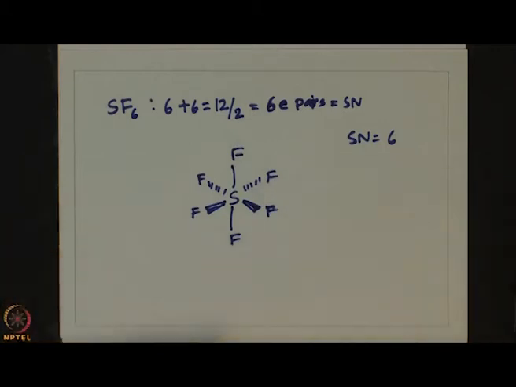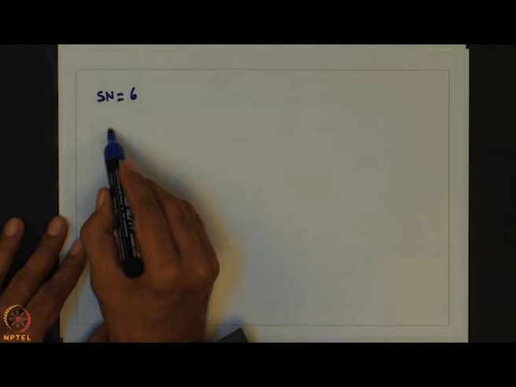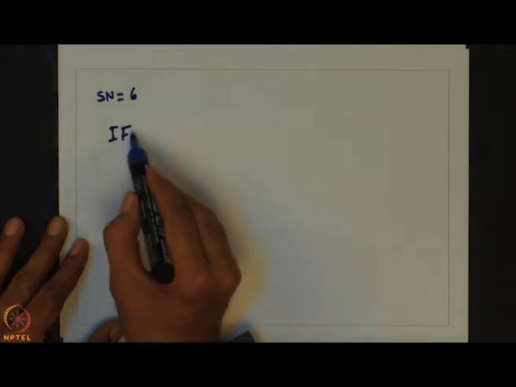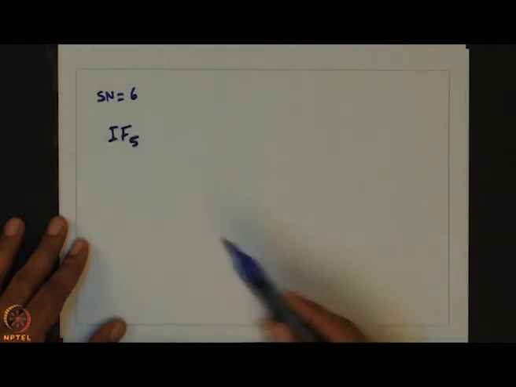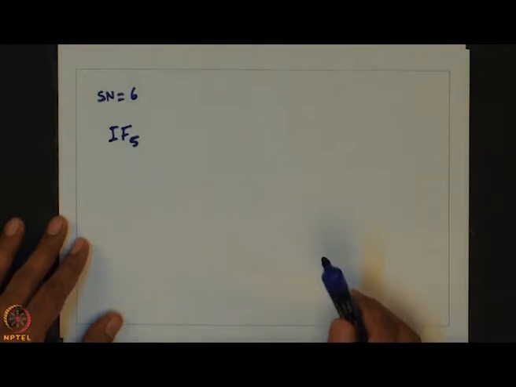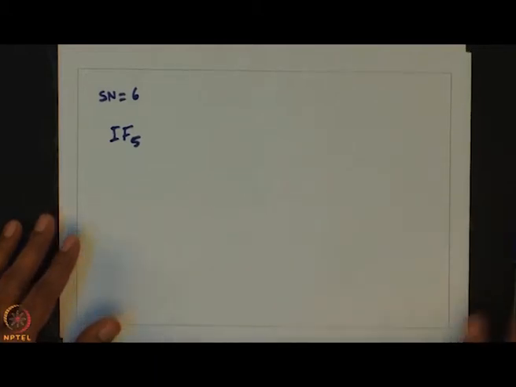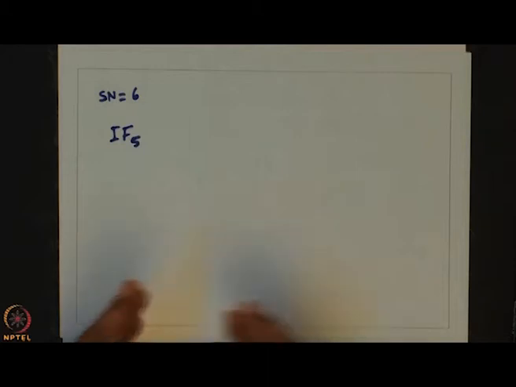Now, let us consider another case where we have 1 lone pair and 5 bonded pairs. Example is IF5. So, let us look into IF5 here. The steric number is 6, IF5. So, they are called interhalogen compounds. There are plenty of interhalogen compounds, neutral, anionic as well as cationic.